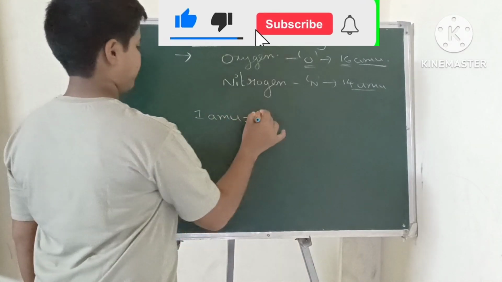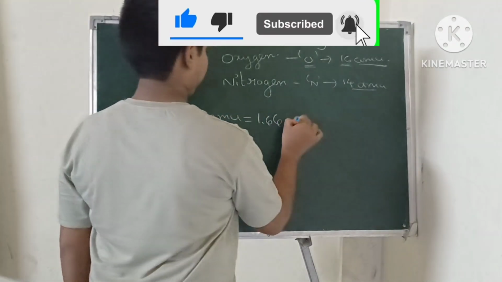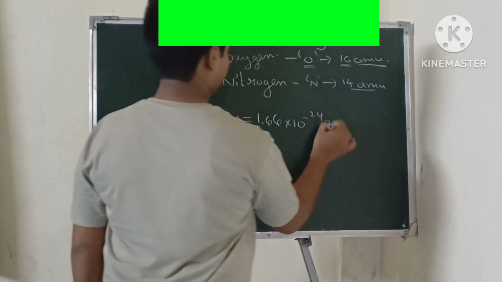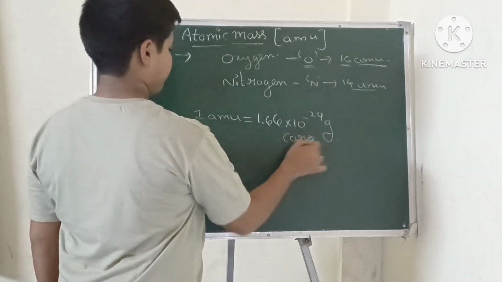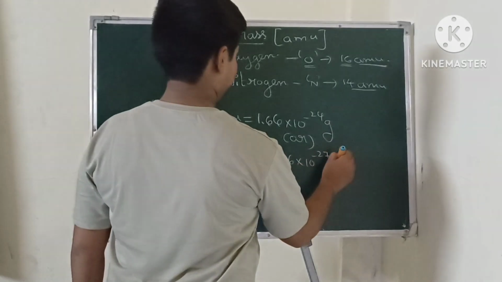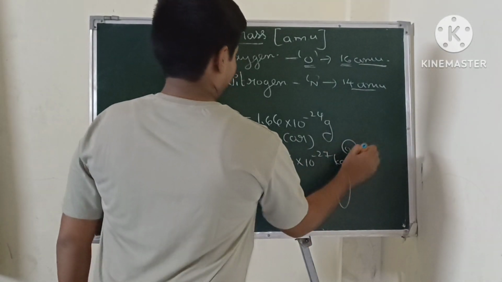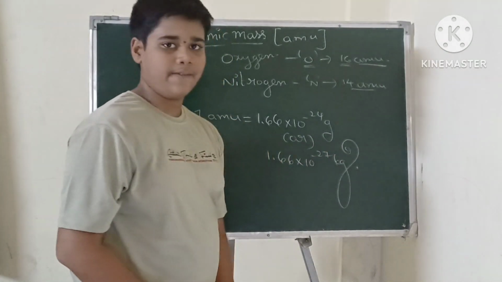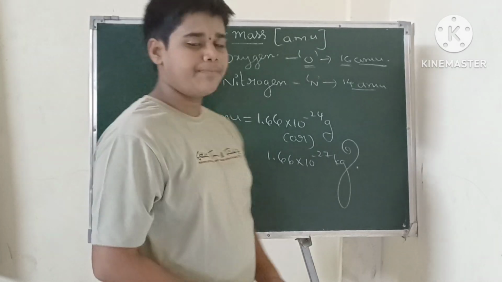Here another important point: 1 AMU equals 1.66 into 10 power minus 24 grams, and 1.66 into 10 power minus 27 kgs. Here is a very simple definition.